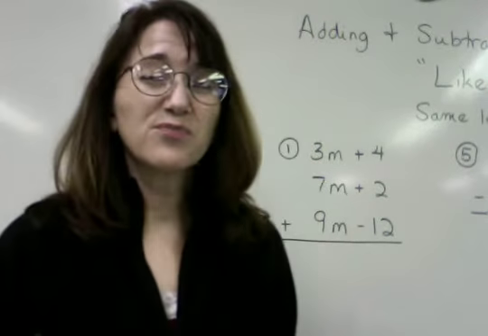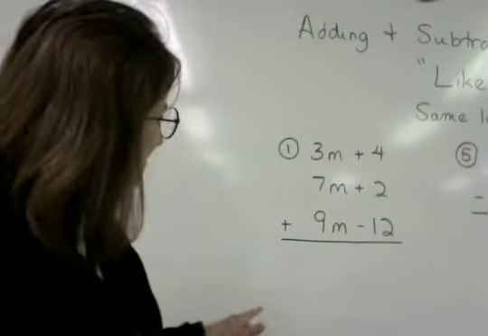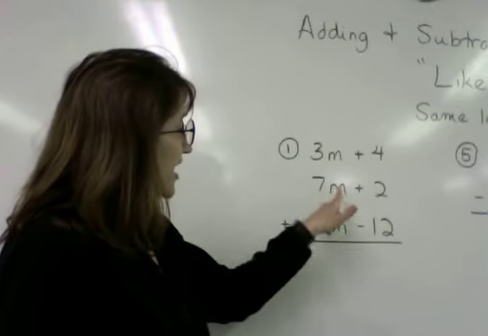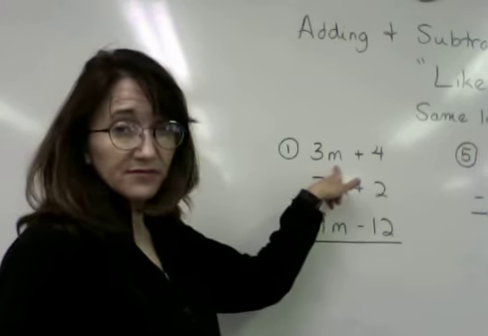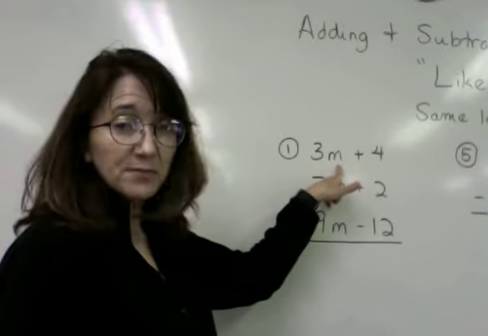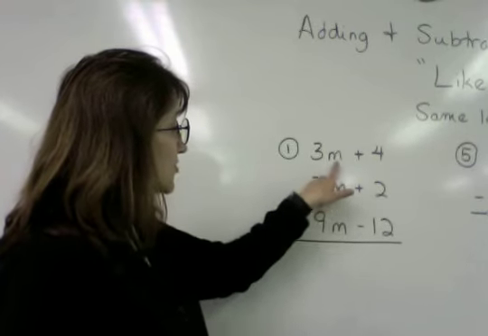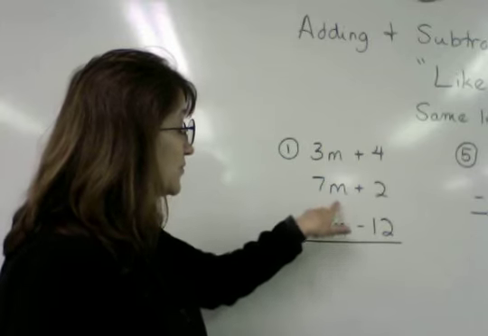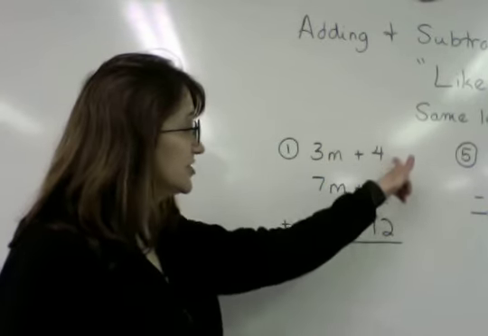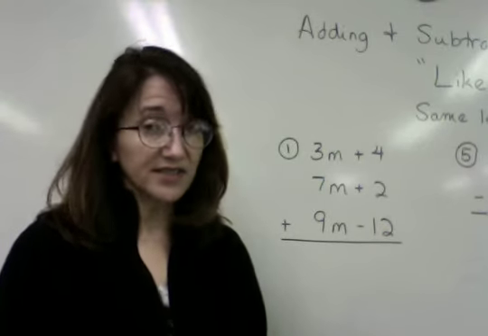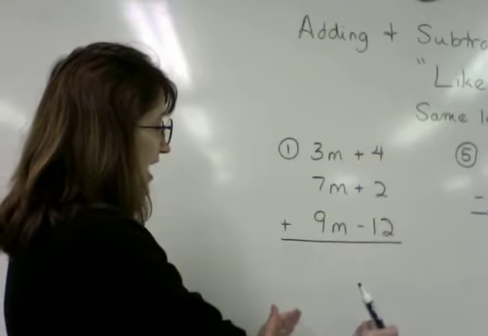But practice never hurts. So, as you notice, what I have here is coefficients with my variable m. They've already lined it up, so these are like terms with m, and then I have different coefficients. These are like terms, those are constants. Now I'm just going to simply add them together.